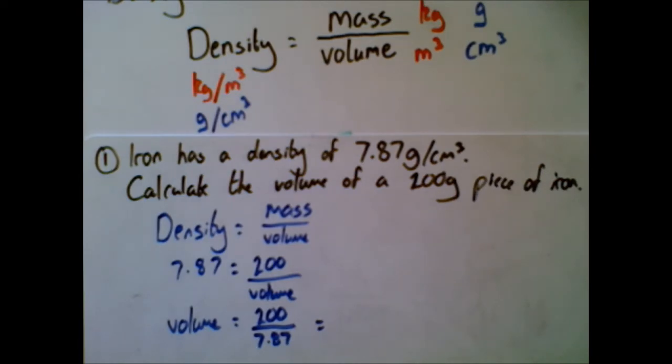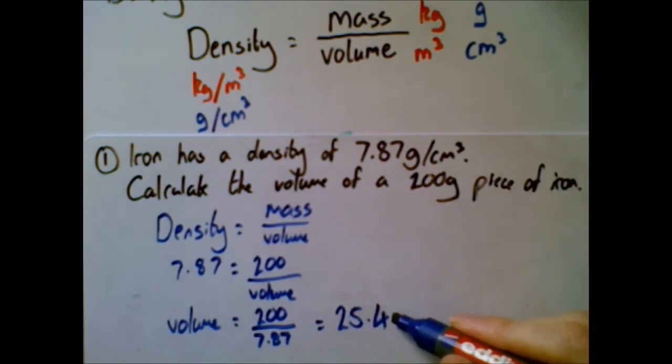And so if you actually work that out, what you get, and I'm going to round it, you can see the numbers in my question are given to 3 significant figures. That's therefore what I'm going to give my answer to. So I get an answer of 25.4. It's the blue units, so that is going to be cubic centimetres. Okay, right, hopefully that makes sense. Let's try another one then.